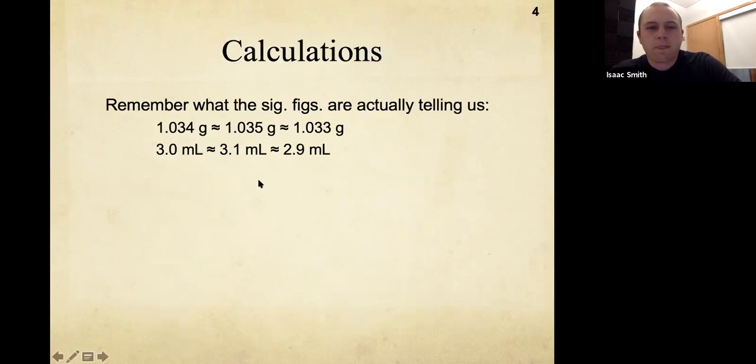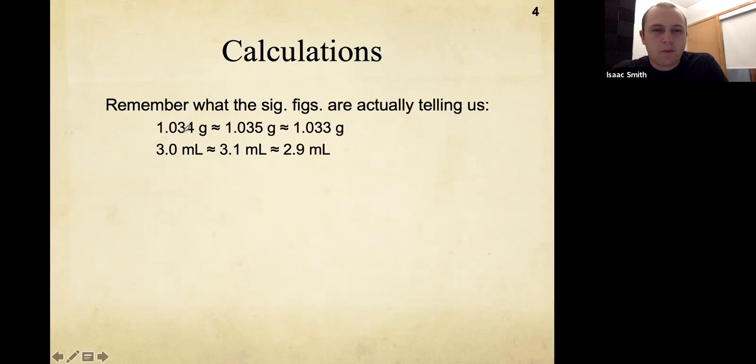Okay. So if we look at the numbers that we measured before, the scale gave us 1.034 grams as the mass, and our volume was 3.0 milliliters of foam, okay? And again, remember the last digit in the measurement is always the estimated digit.